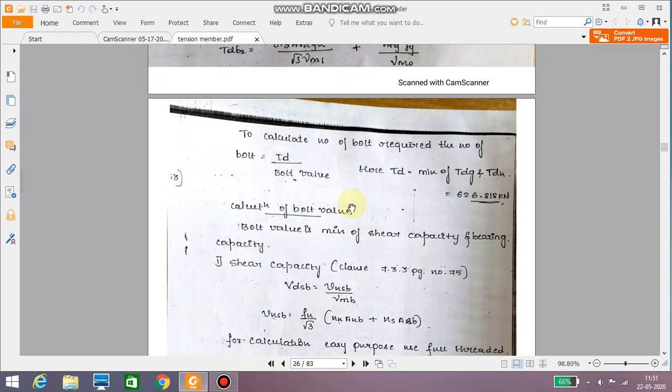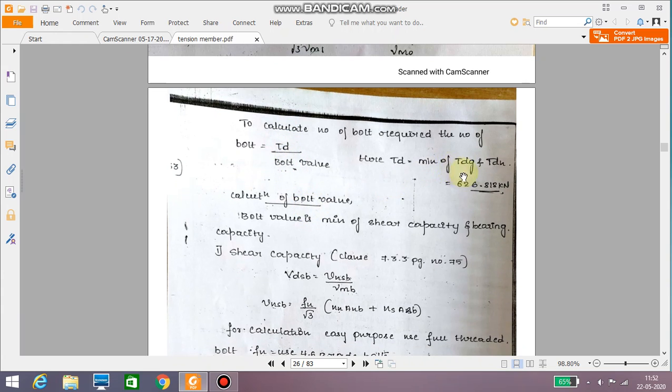To calculate the number of bolts, the applied tension load or the tension capacity of the plate divided by the bolt value is the number of bolts. So Td is the minimum of Tdg and Tdn. So minimum is 626.818. So one value is known.